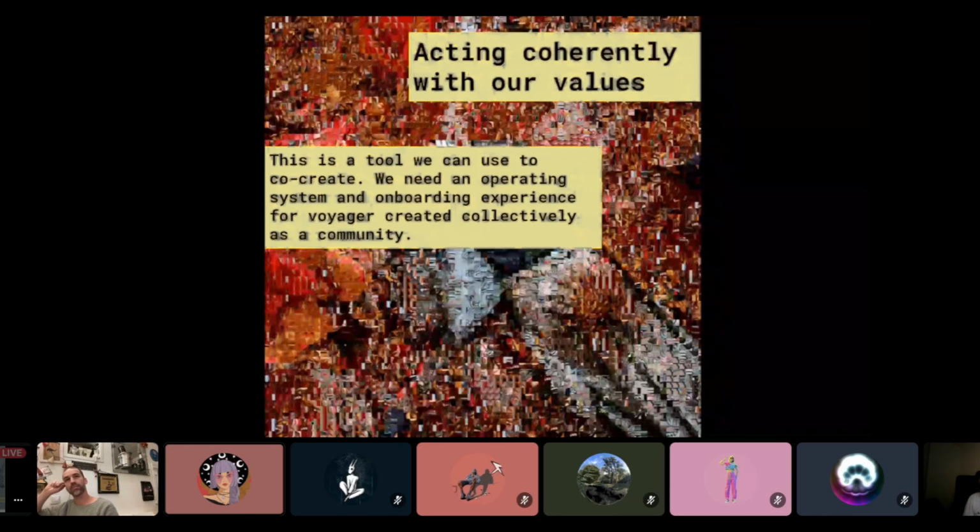It helps us define what Voyager is all about. If someone asks the question, what is Voyager? We're going to define that together collectively. How does it function? How do we interact with each other? How does this thing work? We would like to define that together collectively as well, from our broad range of experience and knowledge, being able to invite people in.